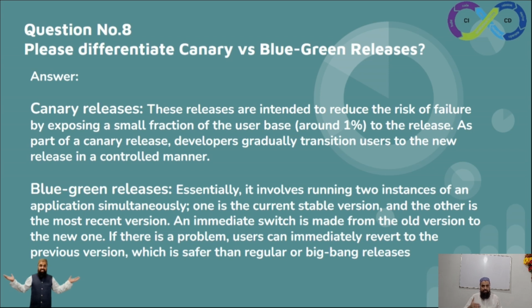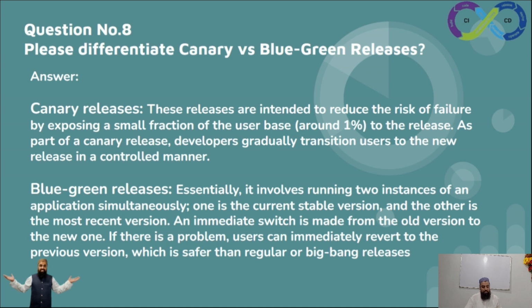So Canary releases involve step by step releases. The release is not available to the public in one step. It is subdivided into steps, and developers take extreme care to make their code available in a controlled manner. That is the difference.